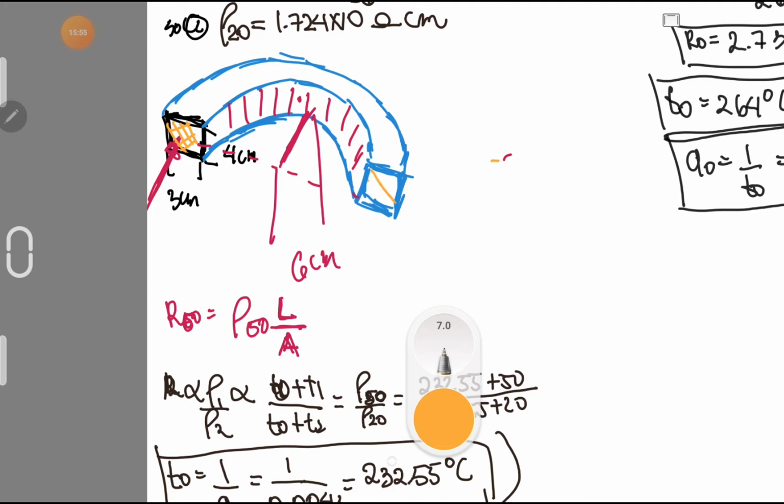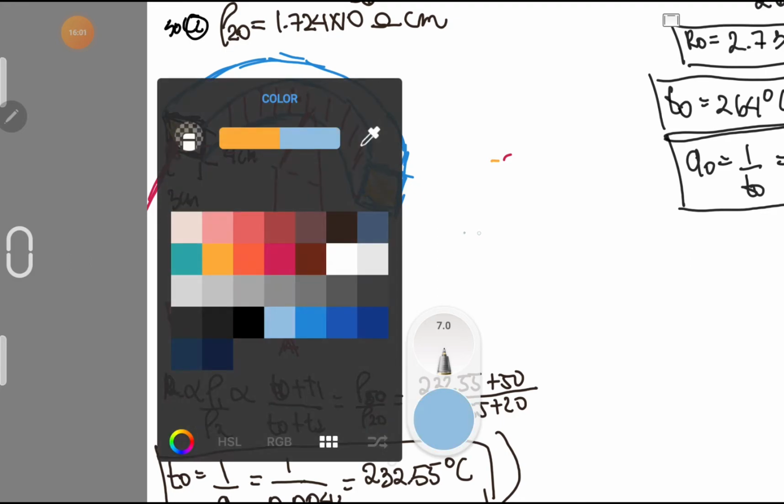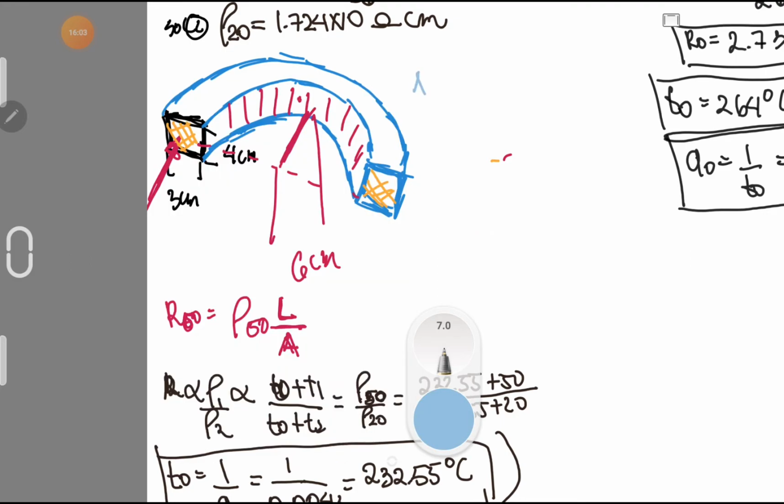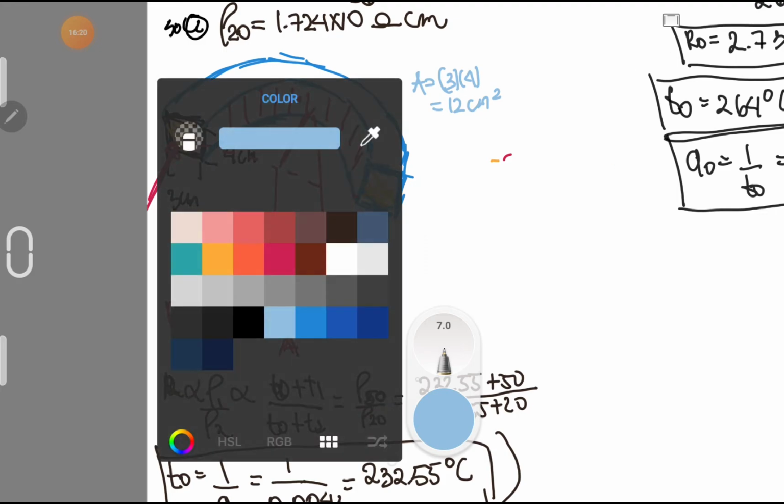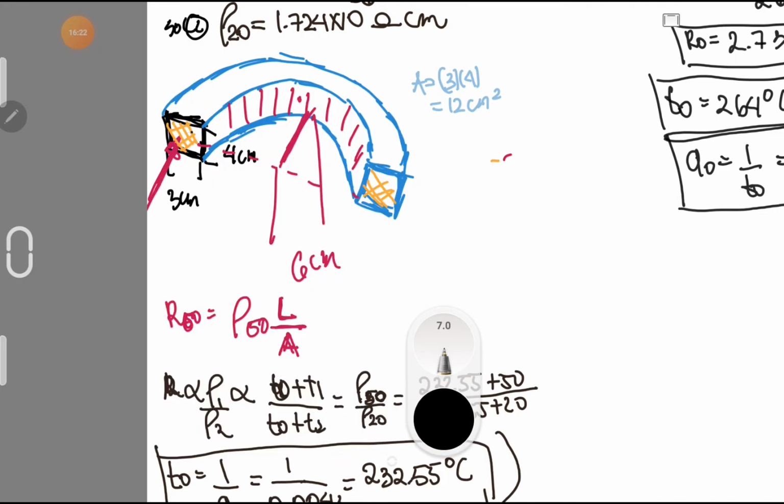Diyan papasok at lalabas yung kuryente natin. So from that perspective, pwede na nating sabihin that our area therefore is equal to 3 multiplied by 4, which is equal to 12 cm square. Ayan. And then, ano yung length na gagamitin natin? Yung mean length niya. Okay, mean length. So ano yung mean length natin? Probably ito, sa gitna.